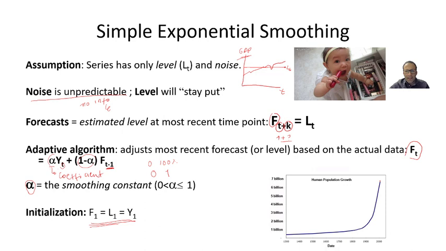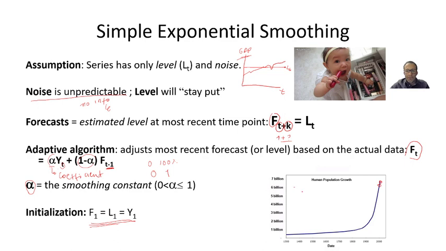And let's imagine that this is the previous observation, weighted by 1 minus alpha, the forecasted value F_t minus 1, which is obviously equal to the level L_t minus 1, which is the level at this value.